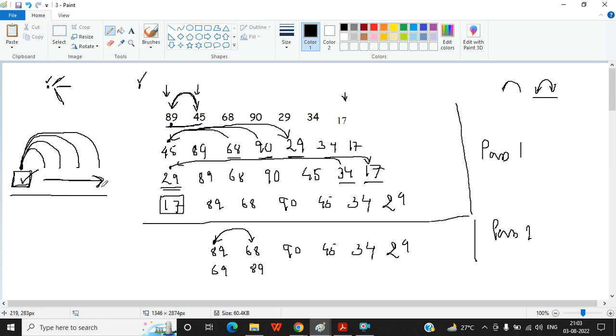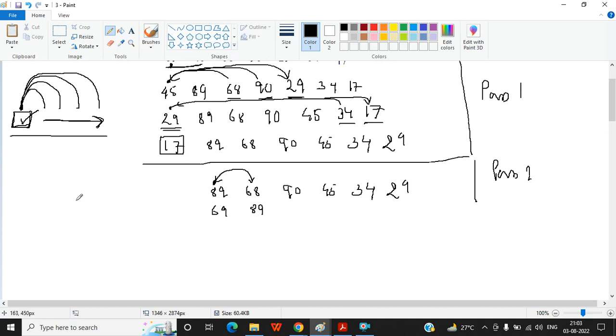Okay. So what will be the code? The simplest code of selection sort is something like this. If we consider that the first element is index 0, then this will be 1, 2, 3, 4, 5, 6.